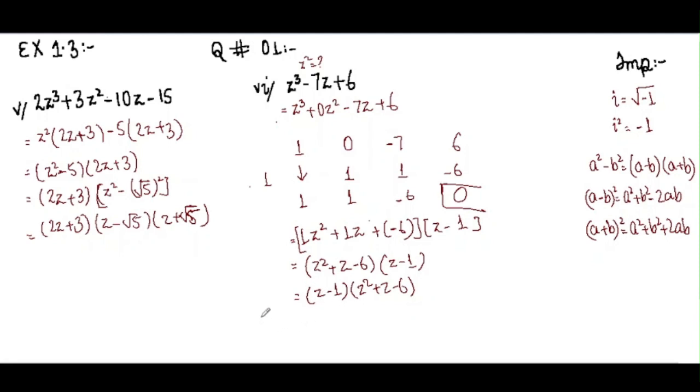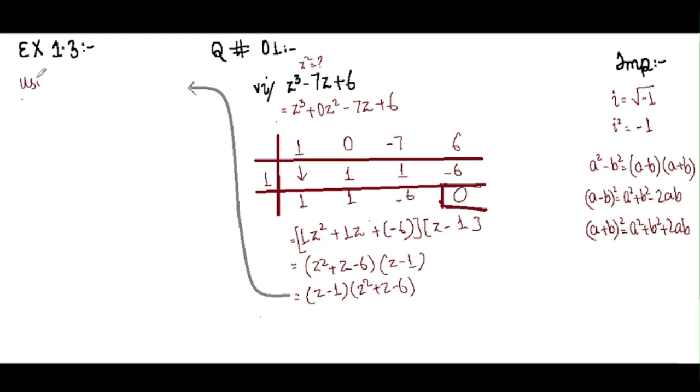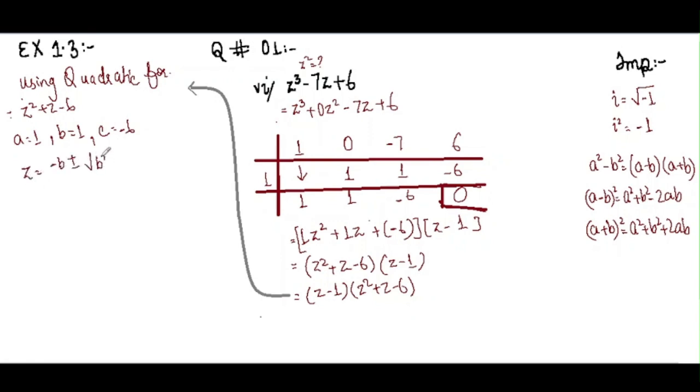Okay, so using the quadratic formula, we have z square plus z minus 6, where a equals 1, b equals 1, and c equals minus 6. So z equals minus b plus minus square root of b square minus 4ac whole divided by 2a.